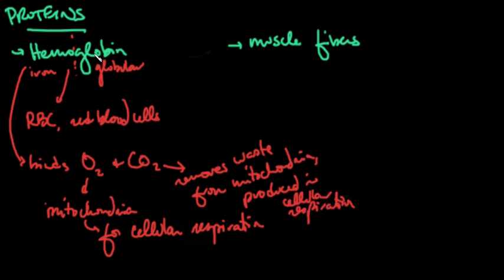Okay? And so hemoglobin is critically important, because if you did not get oxygen, you would not be able to make all the ATP, and if you do not get rid of CO2, then you would build up CO2 in your blood and go into toxic shock.